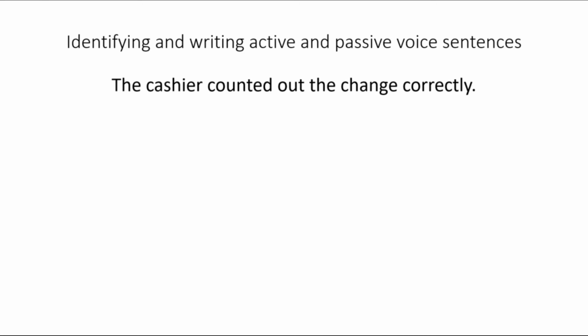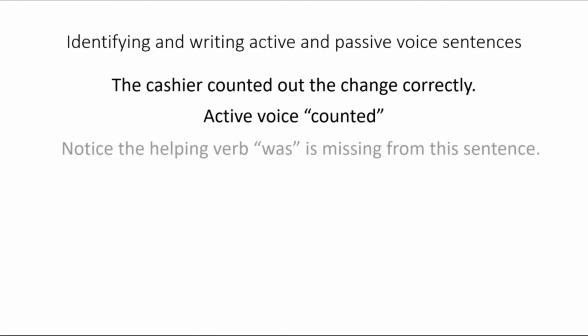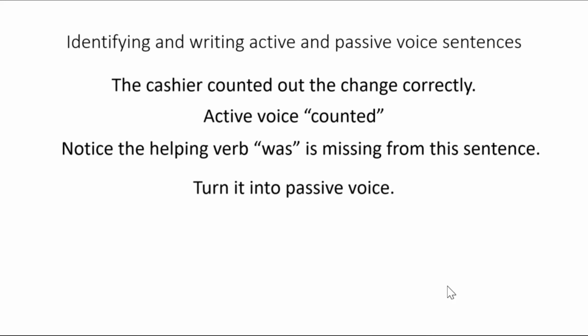Let's try this sentence. The cashier counted out the change correctly. Is this active or passive voice? It's active voice. Notice the verb is just counted. There is no was in front of counted, right? The was is missing from this sentence. So let's turn this into passive voice.